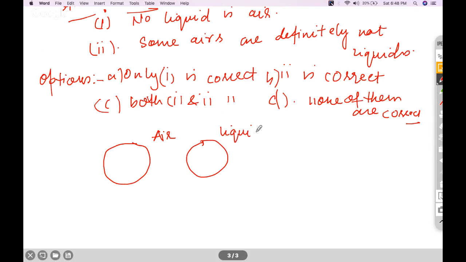There is no touch between liquid and air. Some airs are definitely not liquids. It means that some airs are definitely not liquids.